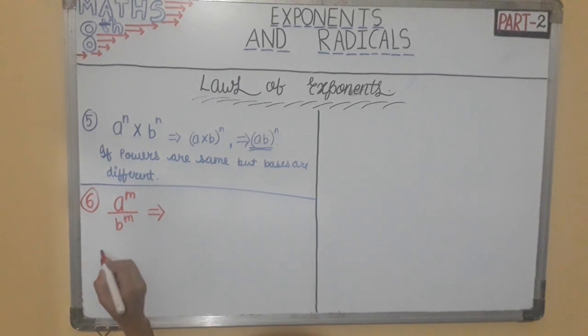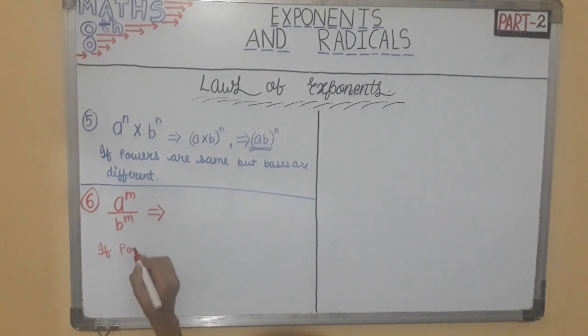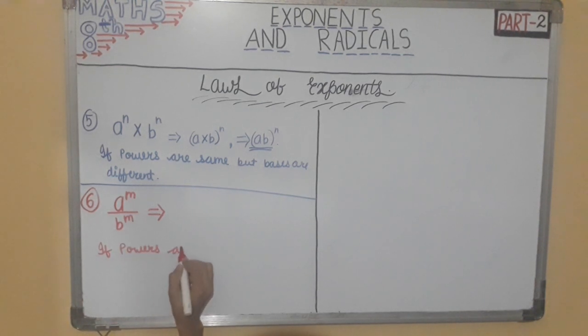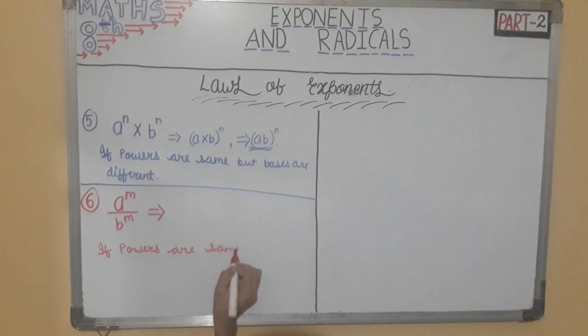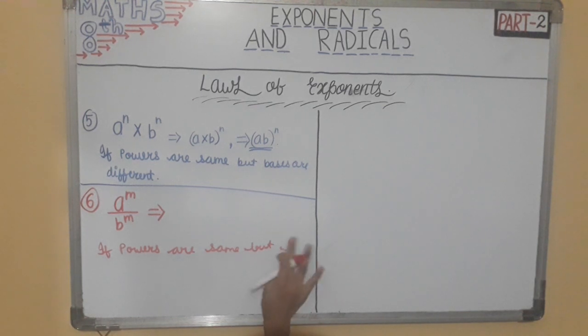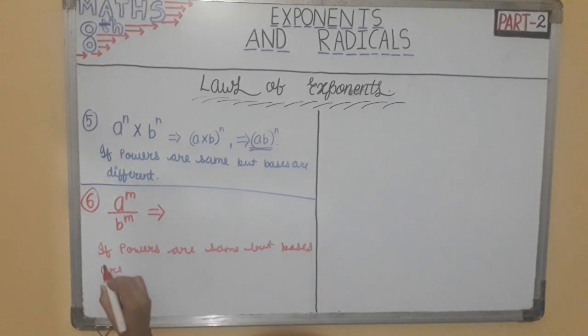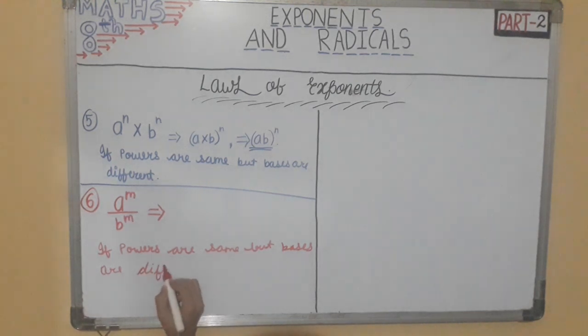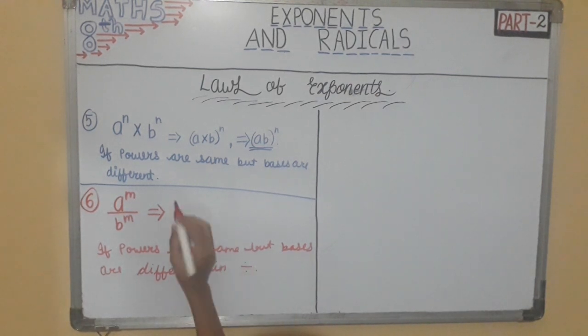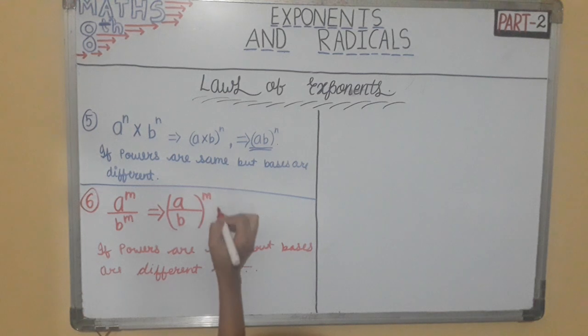Now, in this, if powers are same but bases are different, in division, so we will take the powers common, means a divided by b whole raised to m, like this. This is the sixth law.